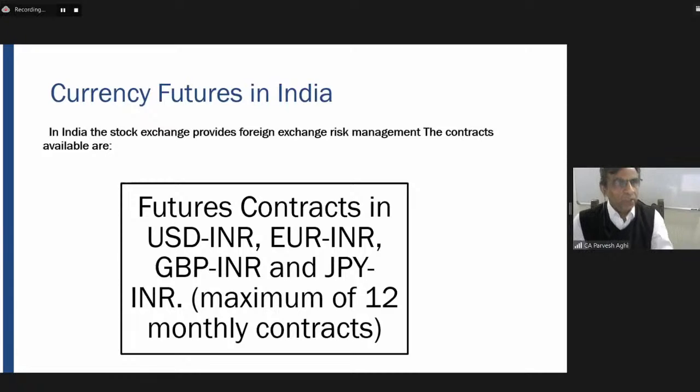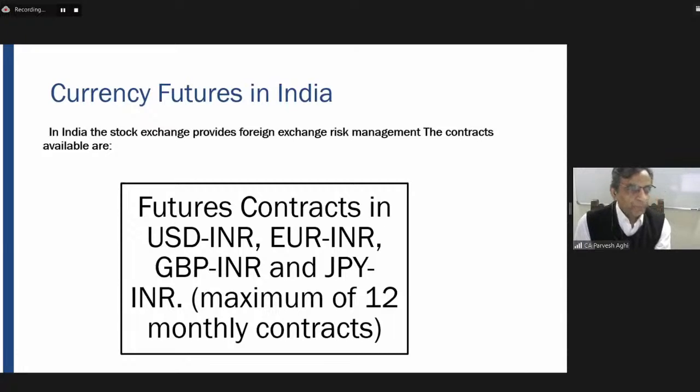So these are the four contracts in futures which are available in India. Of course, in a question you can get any pair, but you must understand the logic so that you can solve any kind of question which comes to you. So in India, we currently have four pairs in the futures market.